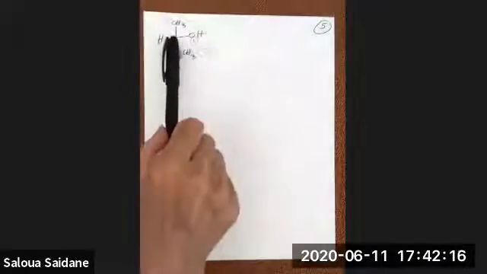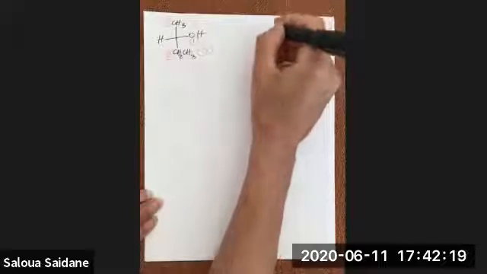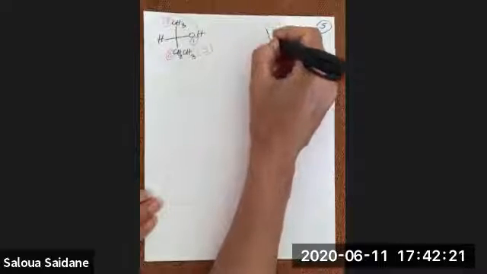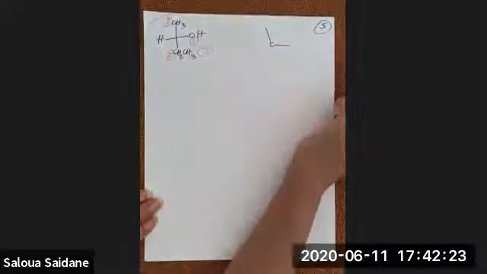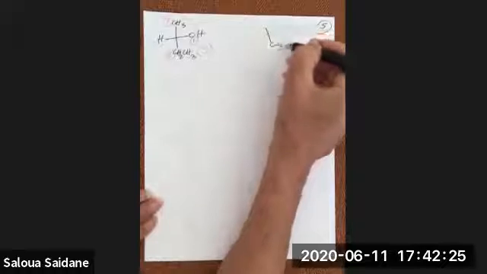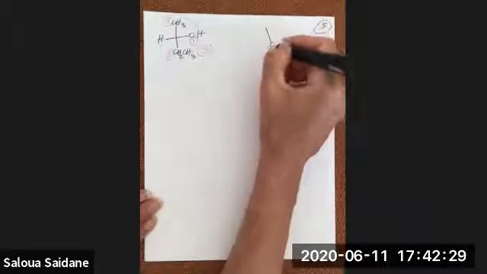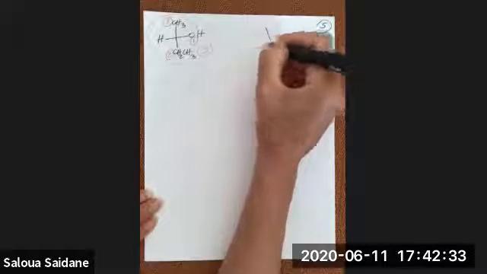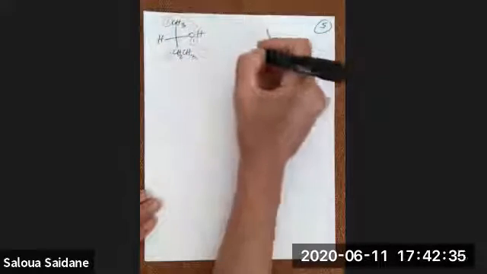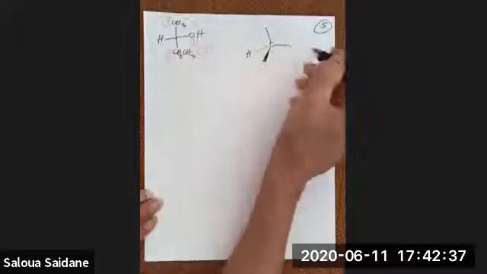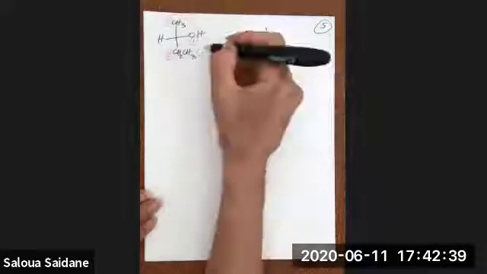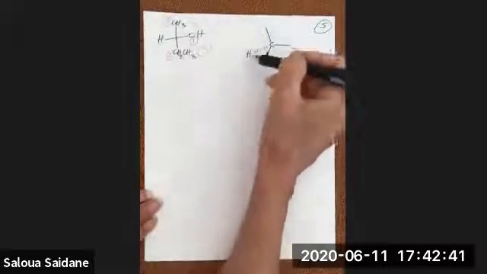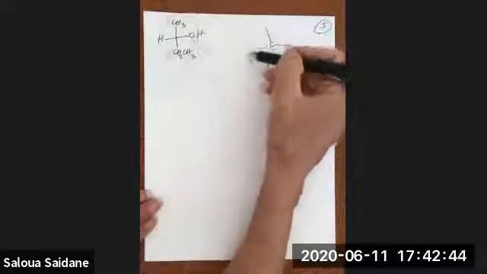So how do I represent this in a perspective form? So you always do this and this. You start with the 2 bonds on the plane, on the paper, which is a single line, and you put the wedge and you put the dash. The dash, I would put H in the back to know that that's my last substituent. And I want an S, which means I want to rotate counterclockwise.